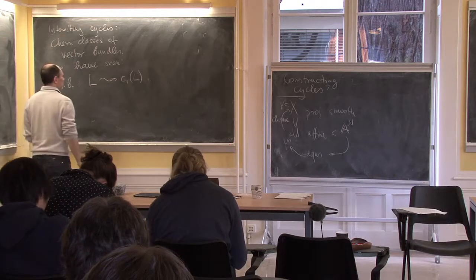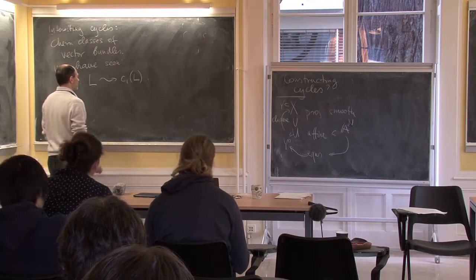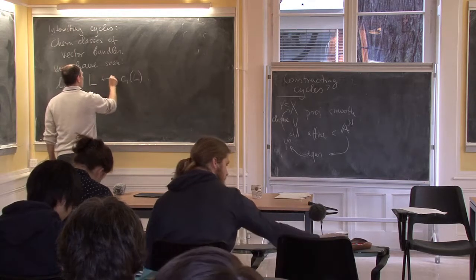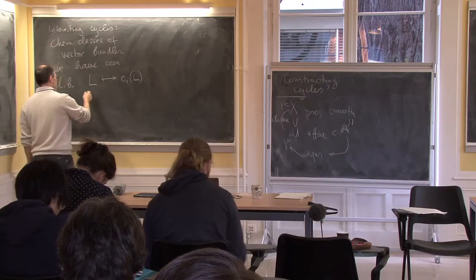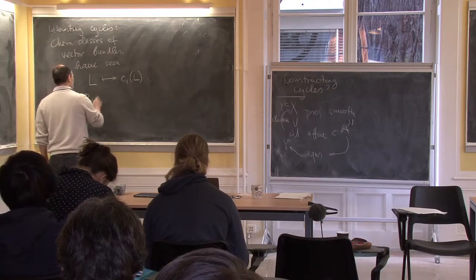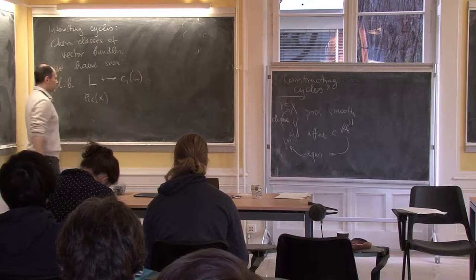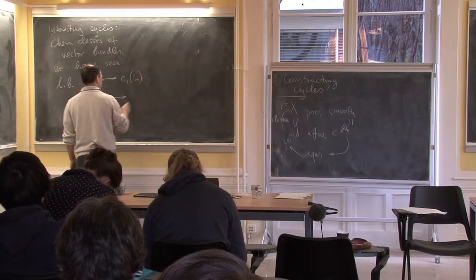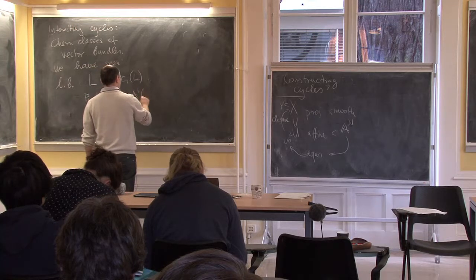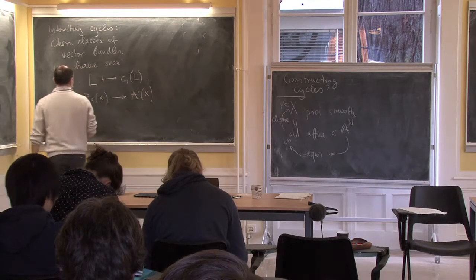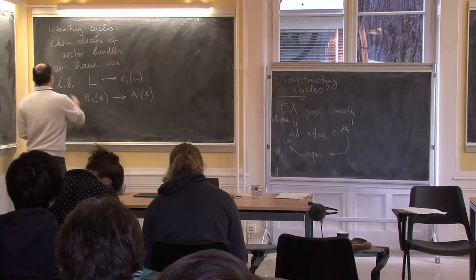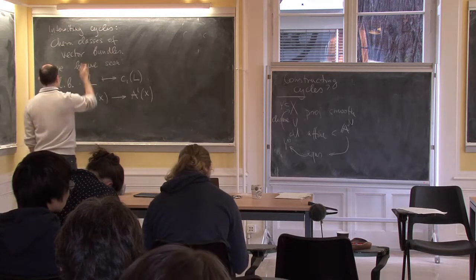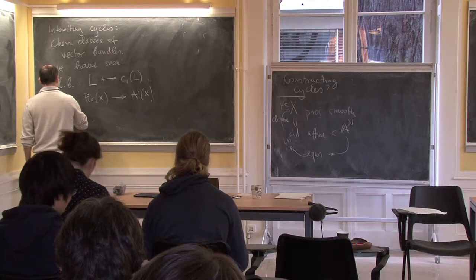And this gave us a map from the Picard group of X, isomorphism classes of line bundles, into A1 of X. So this was one thing, and the other thing we defined was vector bundles.